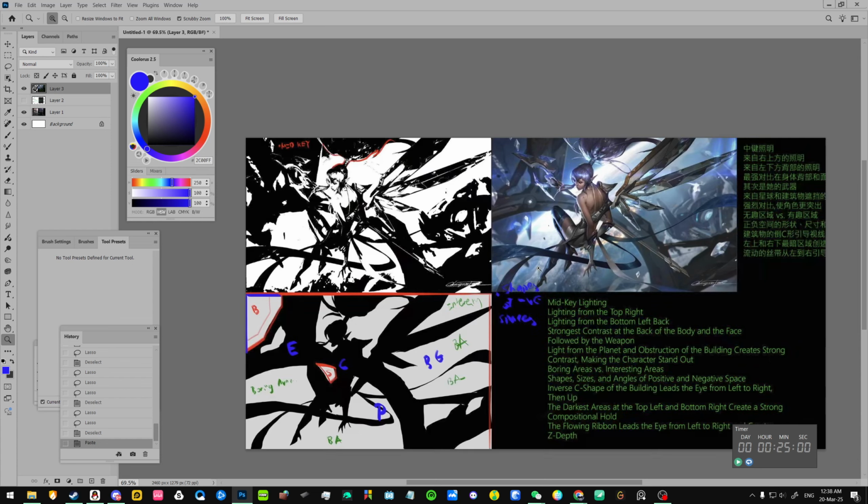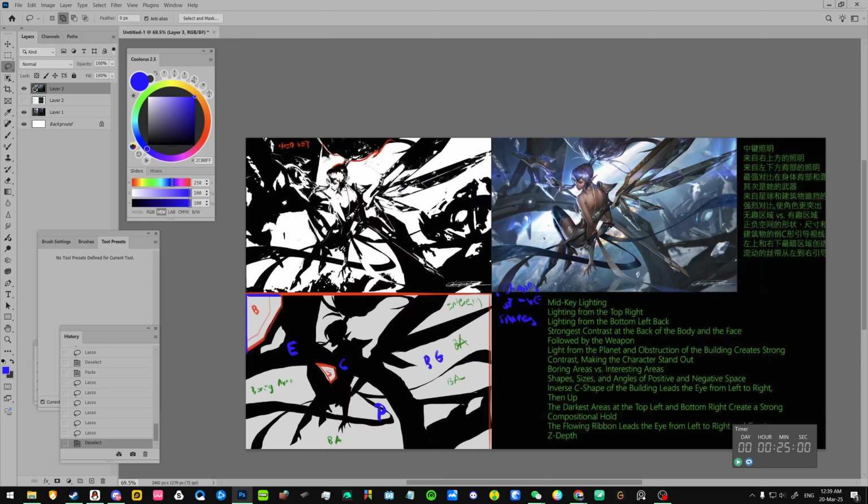Oh, sorry. What I meant was the lighting that comes from the planet here. And then we have an obvious lighting that shines on the character from the top right, which, as you can see, is around here. So the lighting from the back affects the thigh area, while the lighting from the top right touches the face and the back.